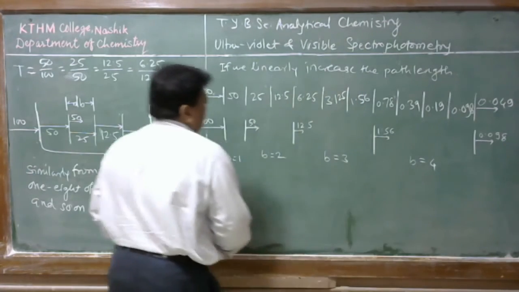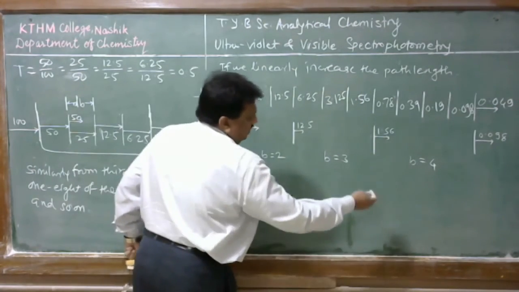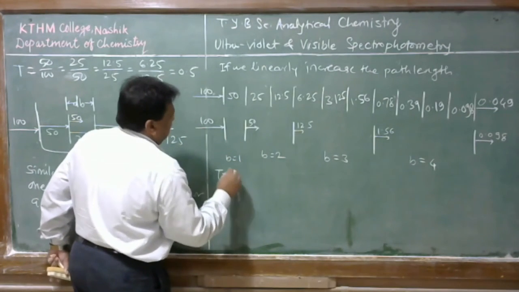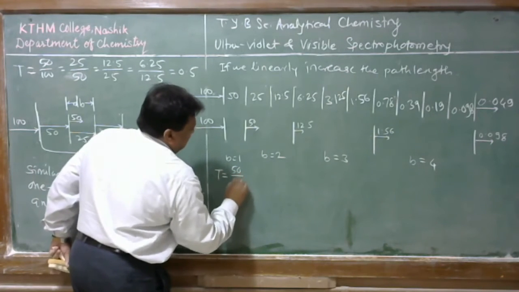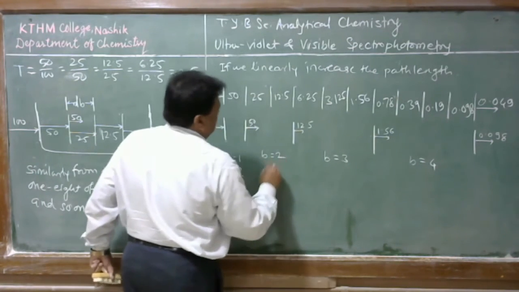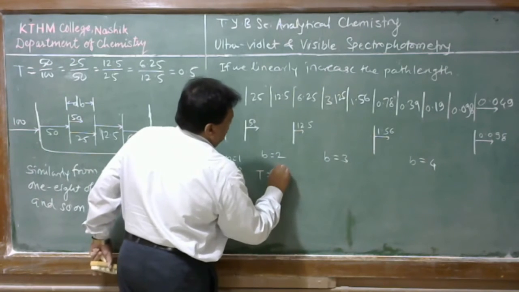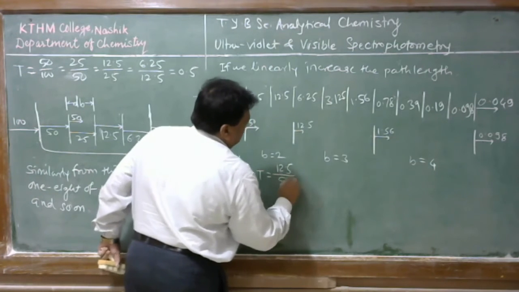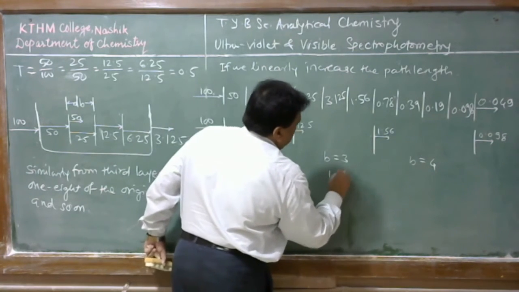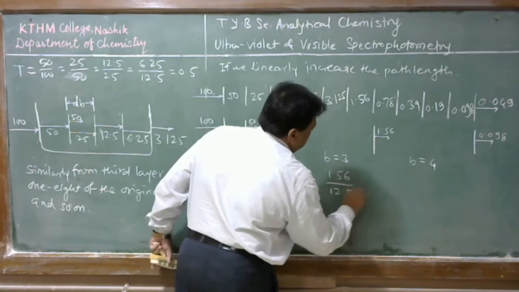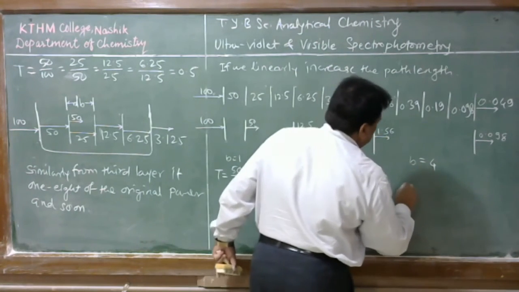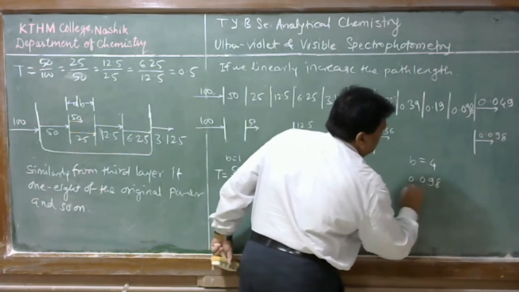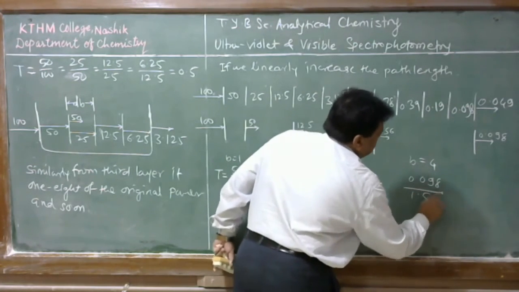That means here if B is increasing, we have T is equal to, for first layer T is 50 divided by 100, for second layer T is equal to 12.5 divided by 50, for third layer 1.56 divided by 12.5, for fourth layer T is equal to 0.098 divided by 1.56.